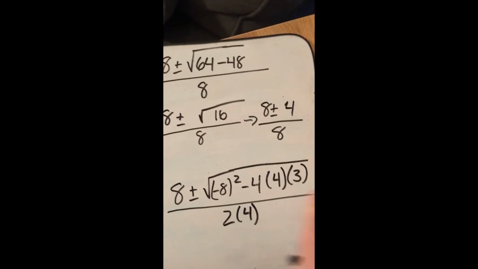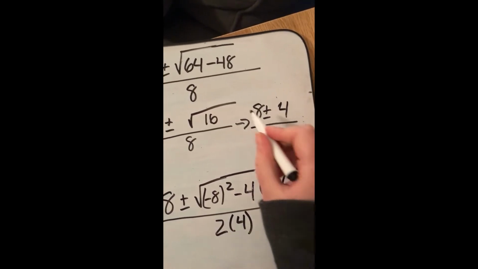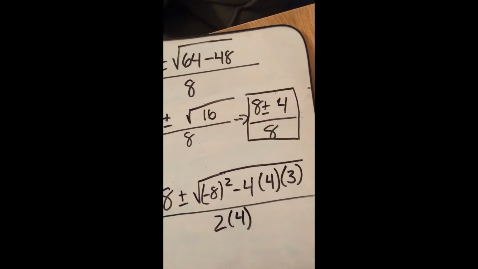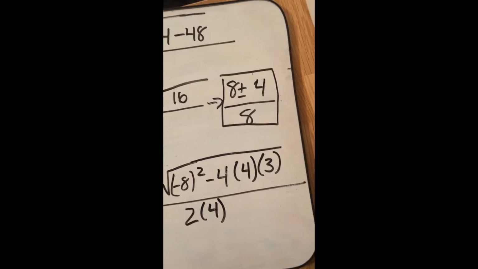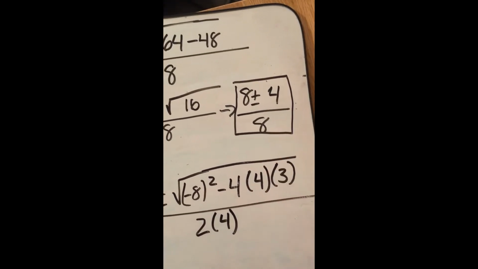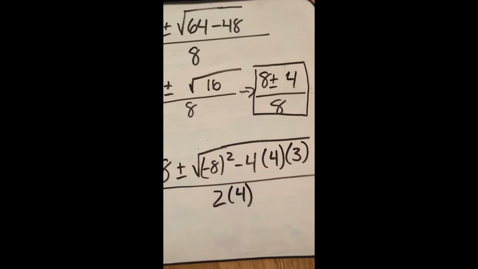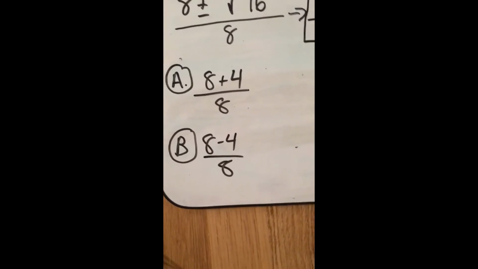Once we get to this step, we know that we can't simplify this anymore. So this is where we start breaking it off into two separate solutions, because we're going to find two answers. We're going to do 8 plus 4 and then 8 minus 4. So we have 8 plus 4 divided by 8.